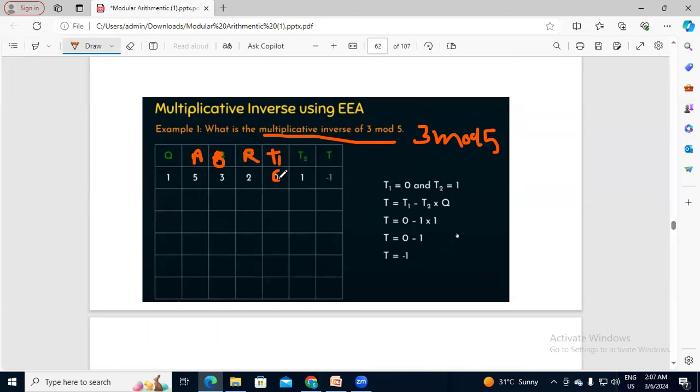T1 initial value is 0, T2 is 1, and T's formula is T1 minus T2 into Q, and this is the Q, right? Putting the values into T, you will be getting minus 1.